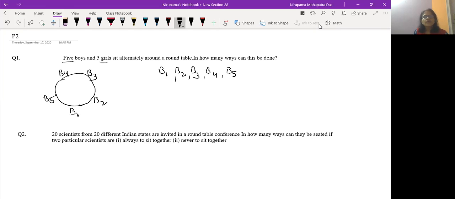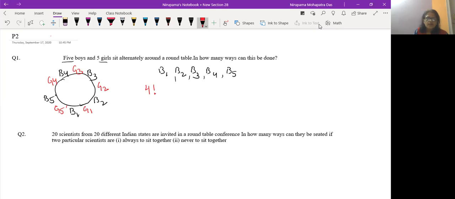So we may take it like this. First we make the boys sit like this, and the girls can be seated like this: G1, G2, G3, G4, G5. Now, in how many ways can the 5 boys be seated? We arrange the 5 boys first, and that can be done in factorial 4 ways.